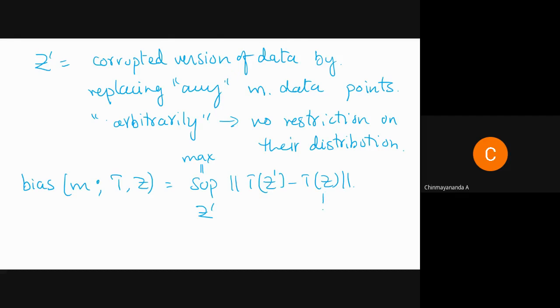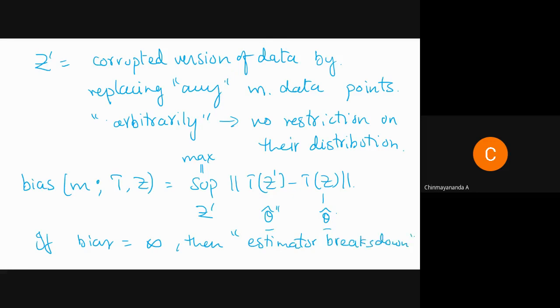This might give you some value of theta cap, and this might give you theta cap dash. So this is known as the bias. So how do we define the breakdown point? We say that if the bias is infinity, then the estimator breaks down.